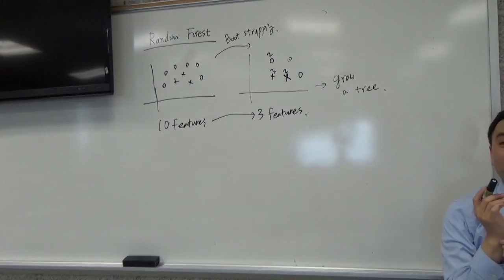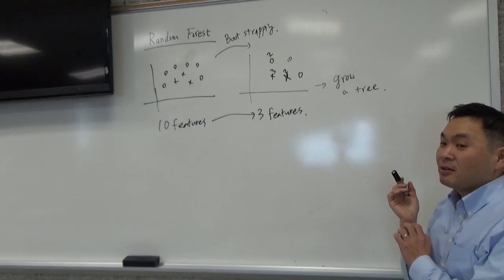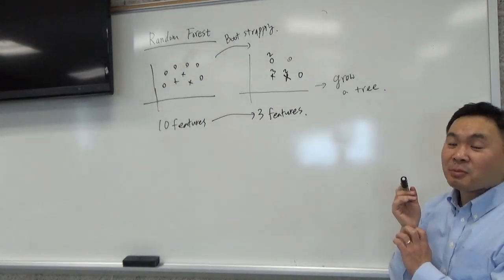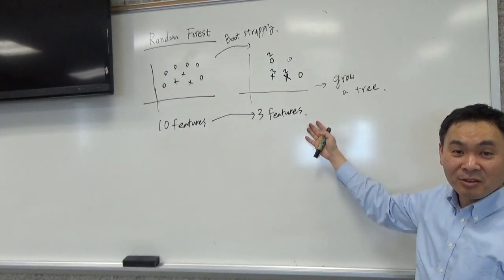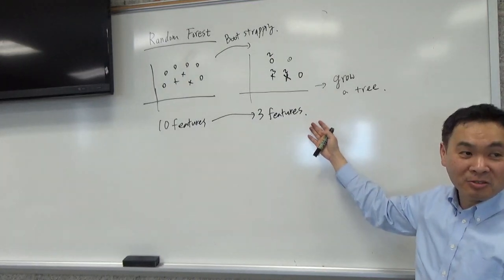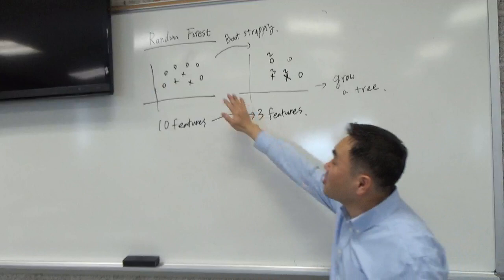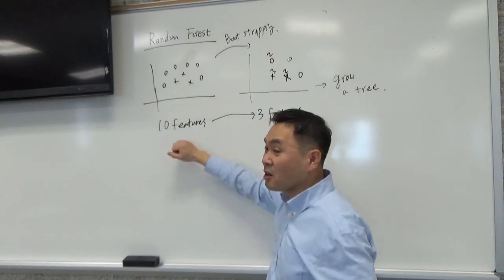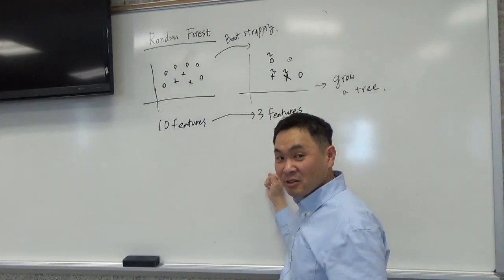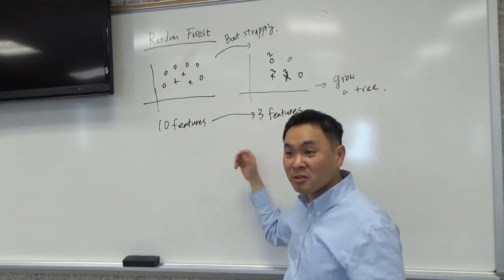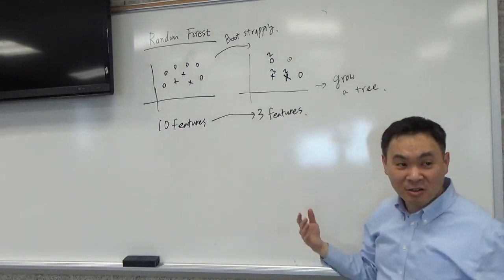So that's called bootstrapping. But the thing is, you can do this many, many times, right? So now you can build a forest. You can take another bootstrap sample, another random feature sample, grow a tree. Okay? You pick another one, grow a tree.